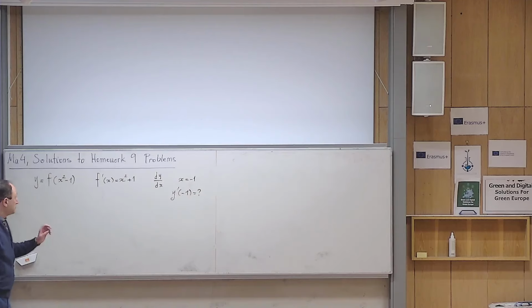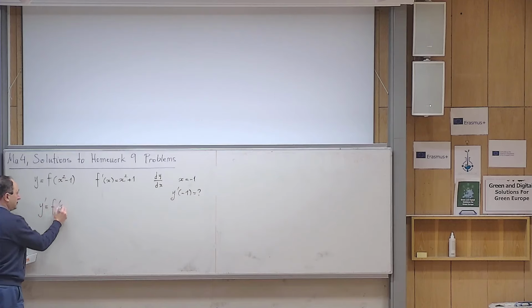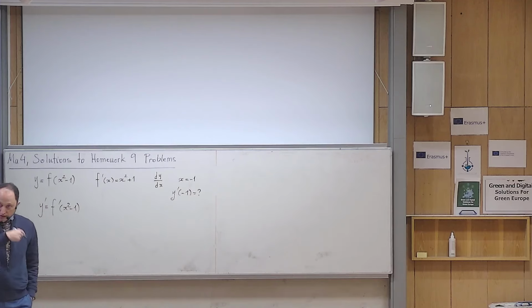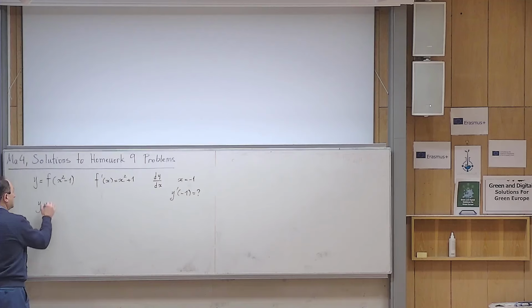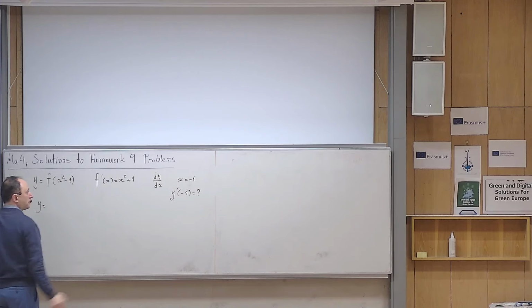Okay, so what I have to do, I have to calculate the derivative, but be careful. Some people still want to write this. I hope that you are not among them, yes? Y prime is not this, yes? Because y is, what is y? It means that a function f is given, we don't know what is that, we know f prime, okay?